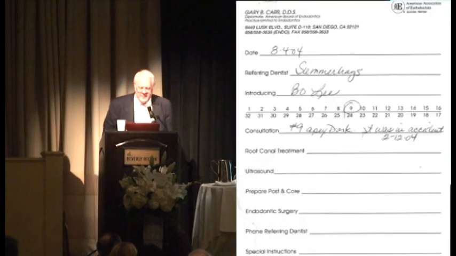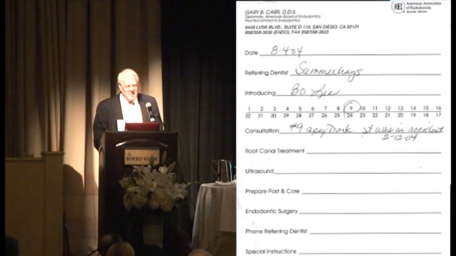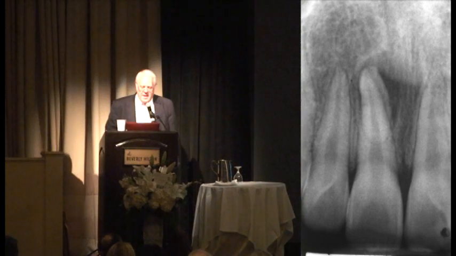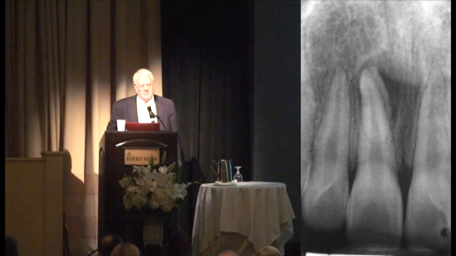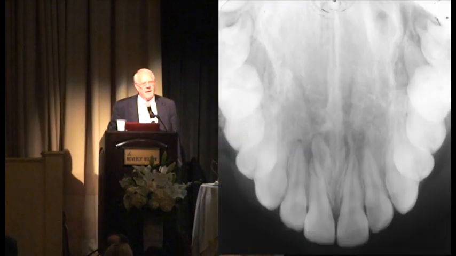For example, this was a referral from about 10 years ago. Patient had a ski accident. The number 9 is discolored. I take a picture, I see a target condition there. I want to be certain, and I'm saying, this is not healthy. But actually it is healthy, because if you take an occlusal, you see that.